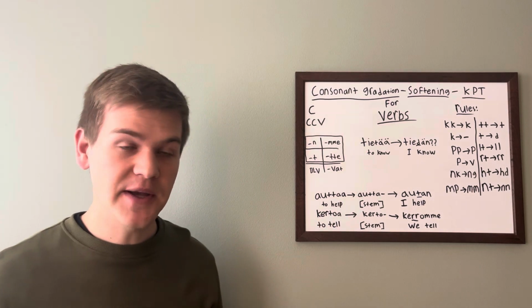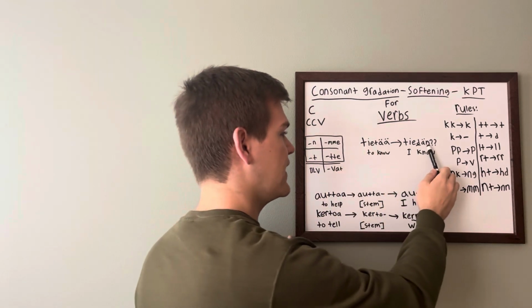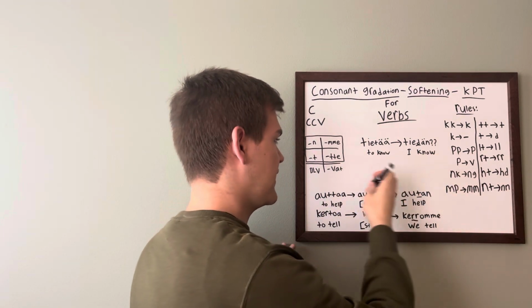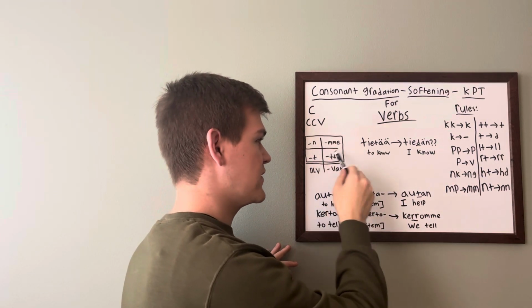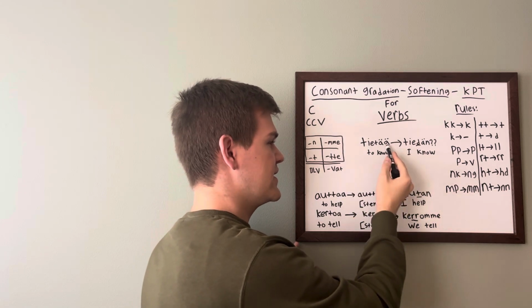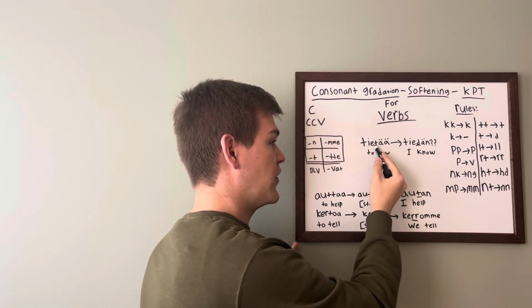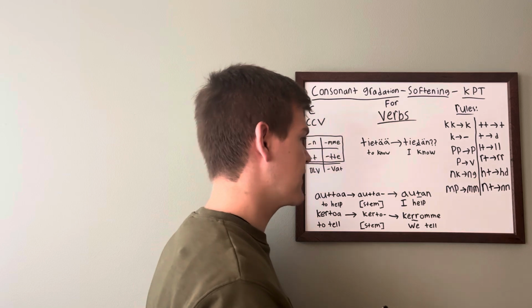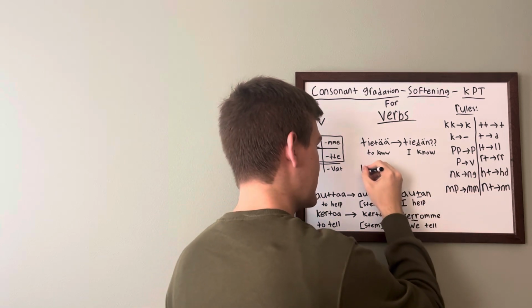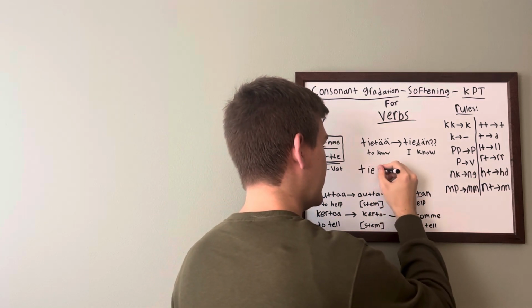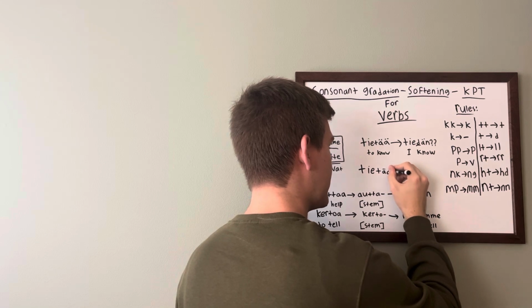Let's look at how we do it. Whenever we add the ending, once we're adding one of these four, we look at whatever consonant was next before. So I can rewrite this and take us through the steps. Let's say we have tietää.